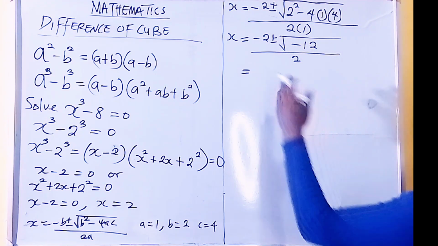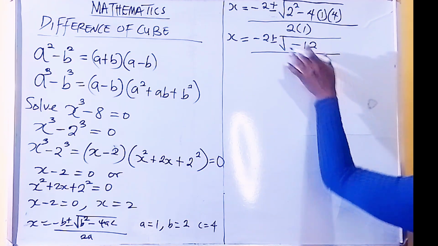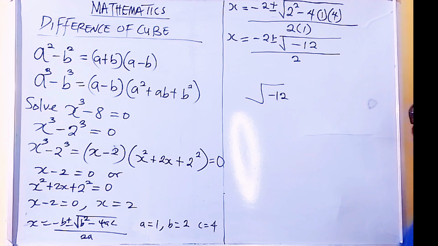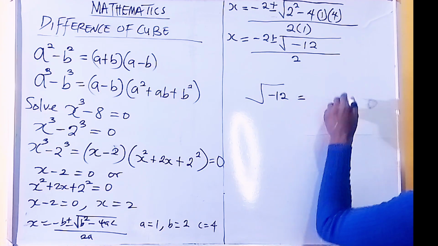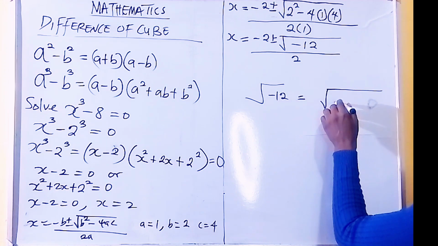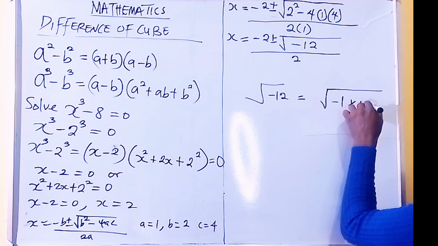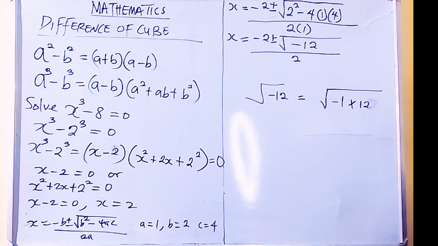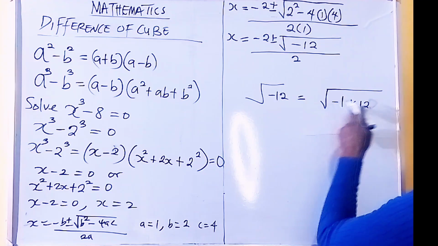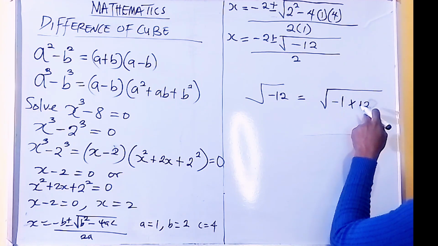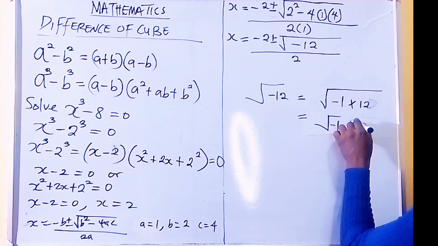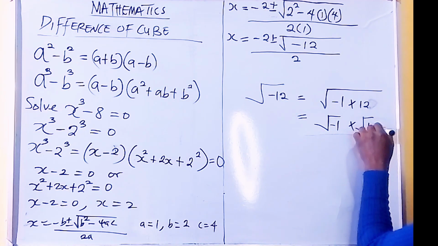To resolve this, square root of minus 12, by complex number, can be written as square root of minus 1 times 12, which can also be written as root of minus 1 times root 12.